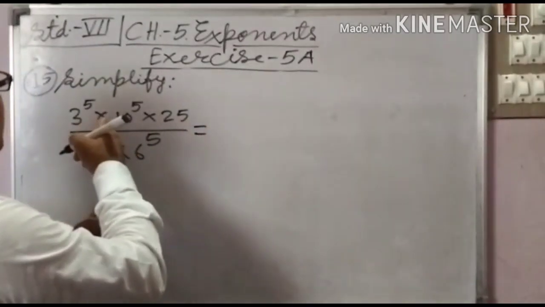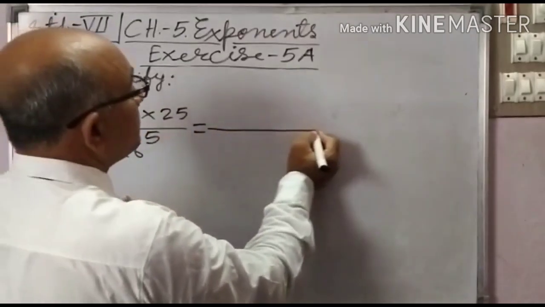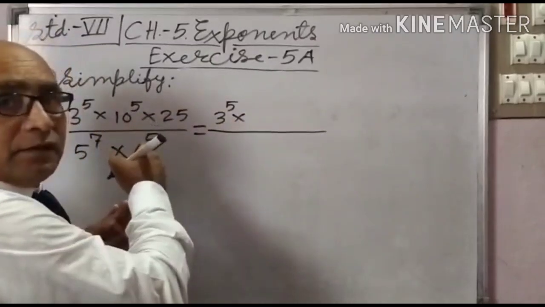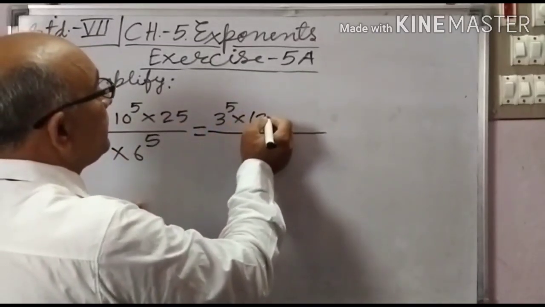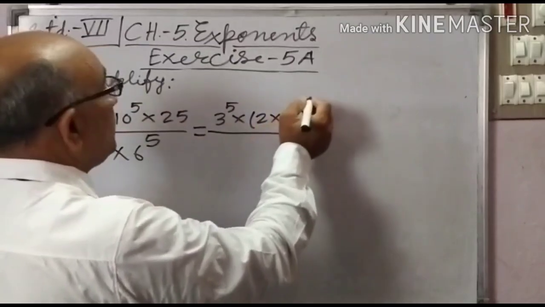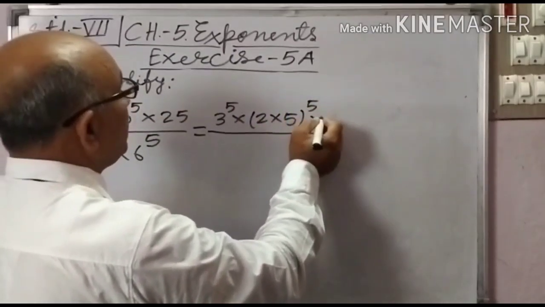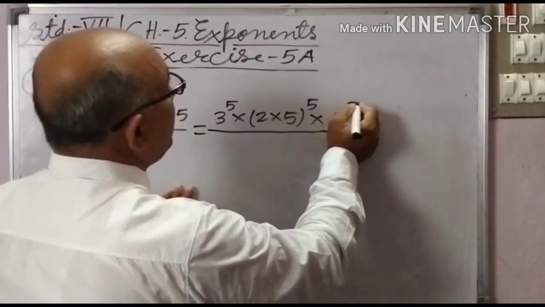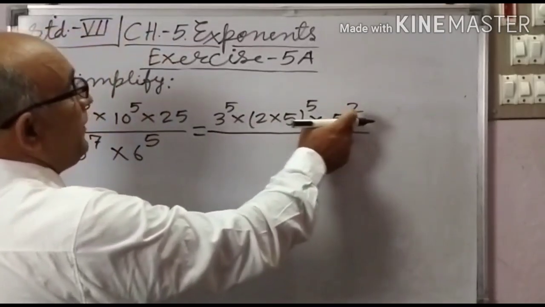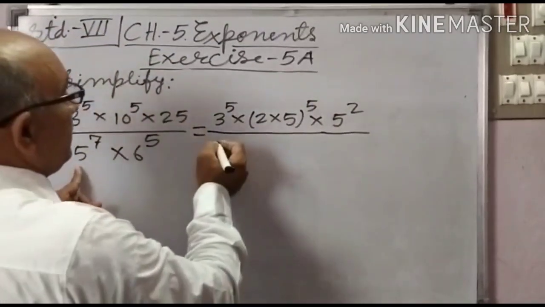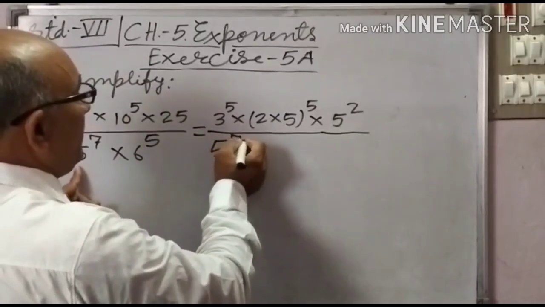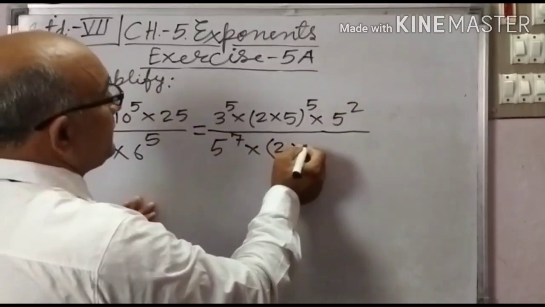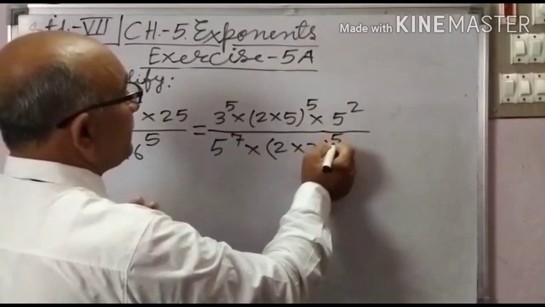Equal to 3 to the power 5. 10 means 2 into 5, to the power 5, into 25. 25 means 5 to the power 2, 5 into 5, 25, divided by 5 to the power 7 into 6. 6 means 2 into 3, to the power 5.